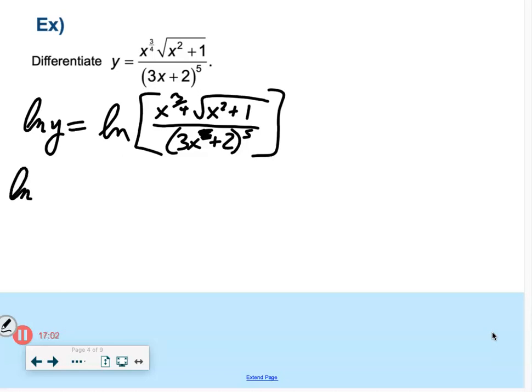By the way, before I start splitting up the log, I want to mention a very common mistake. A very common mistake during logarithmic differentiation is students see the ln(y) and they're just dying to change it to 1 over y dy dx. So what happens is students will change this to 1 over y dy dx, but then on this side, they're still just breaking up the log.